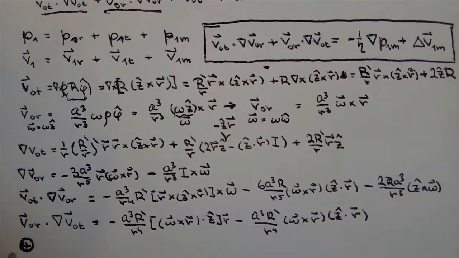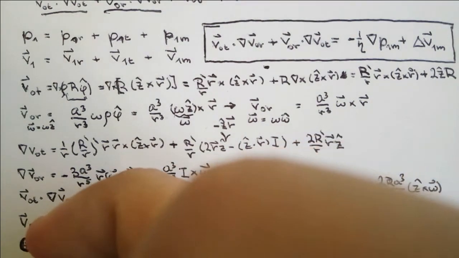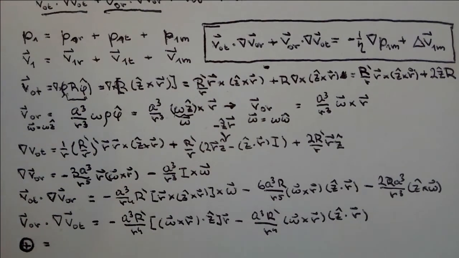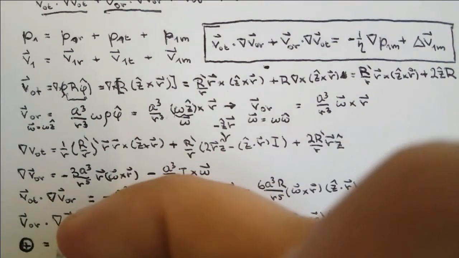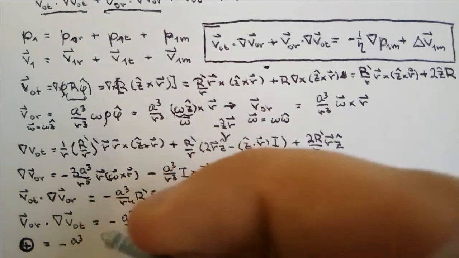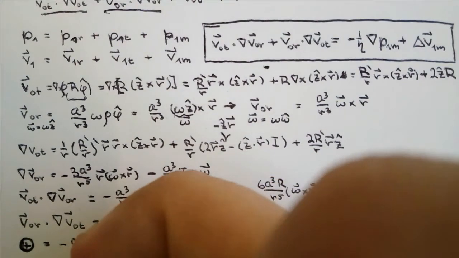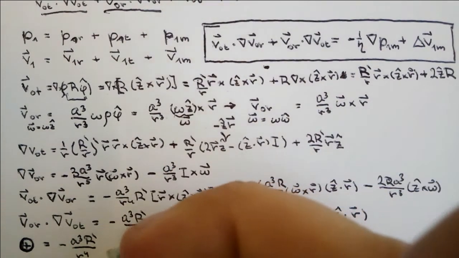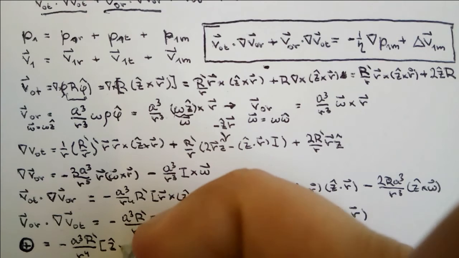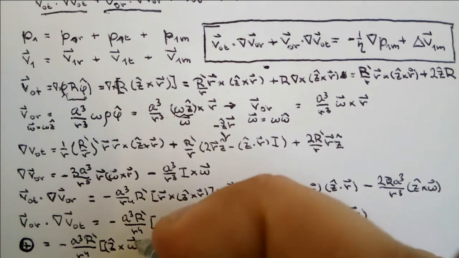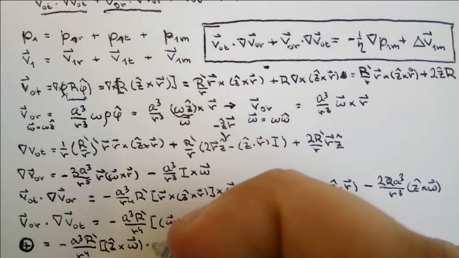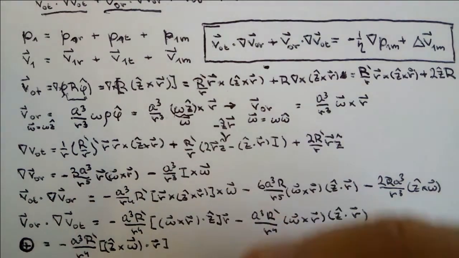If you sum up these two results, you will get this. It's minus a cubed r prime divided by r to the fourth power, and there is z hat cross omega times dot r.